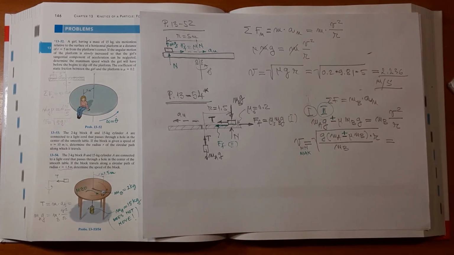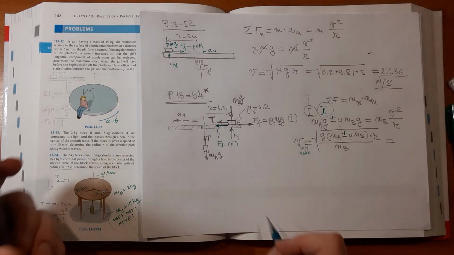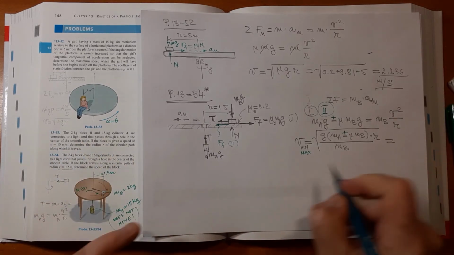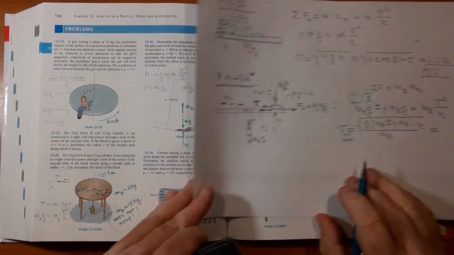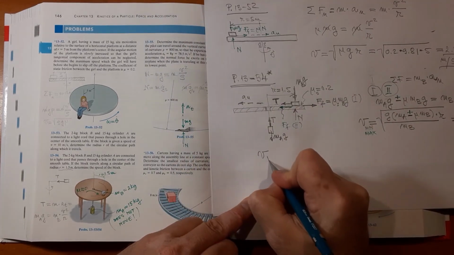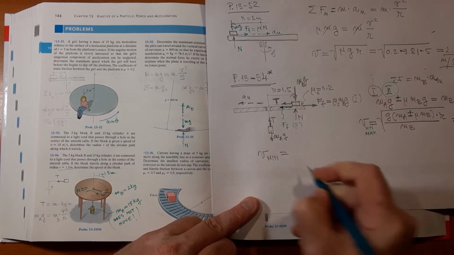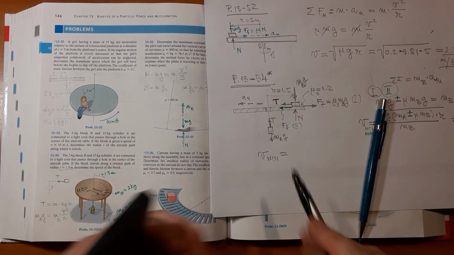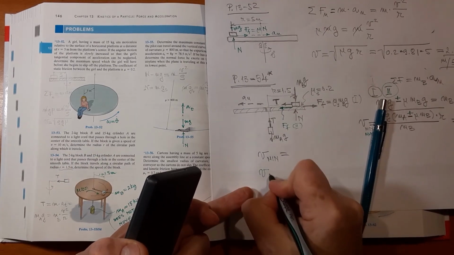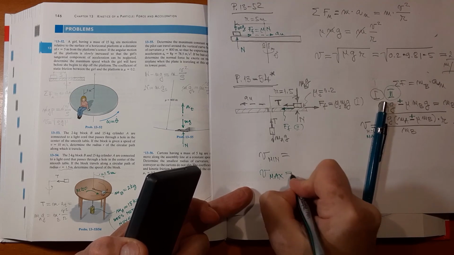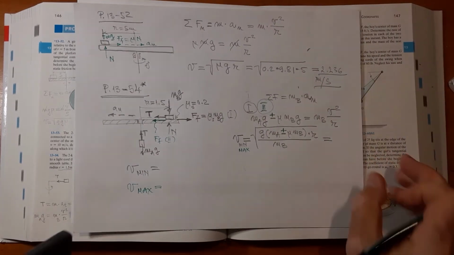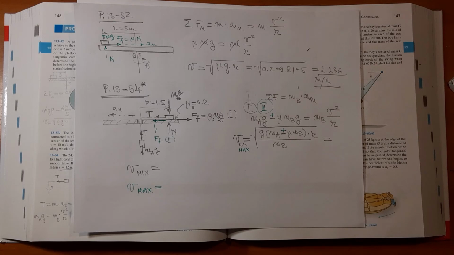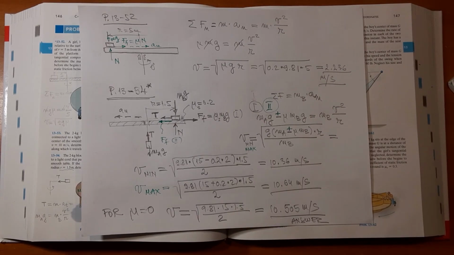So we can calculate these two, the minimum and maximum speeds, V min and V max. Let me pause while I'm doing this. Okay, so I did the calculations.